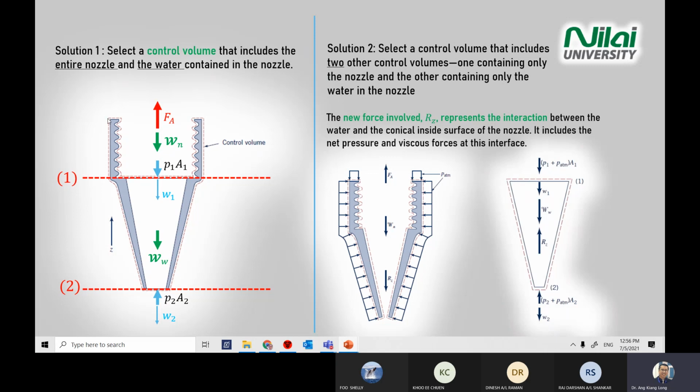The previous one is what we showed on the left. In the second approach, you only look at the cone section, but then you need to include the atmospheric pressure. It still gives you the same results. Only the approach is different.